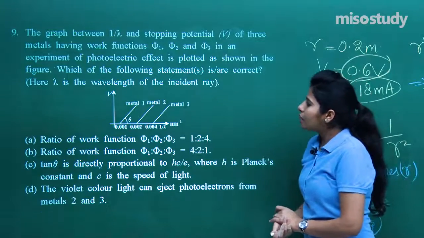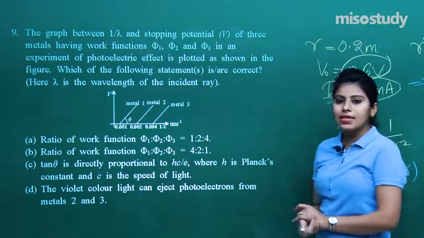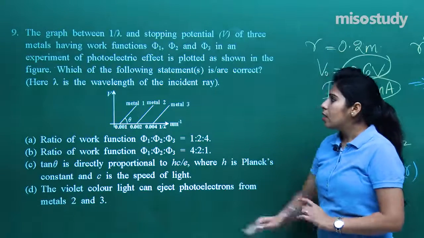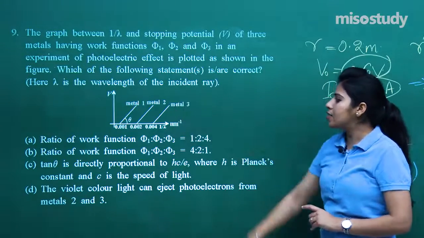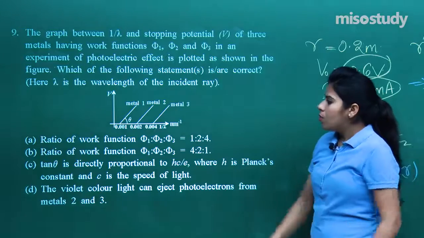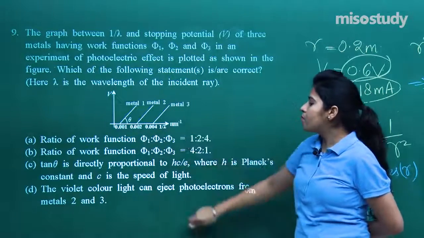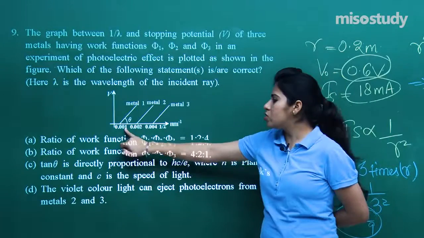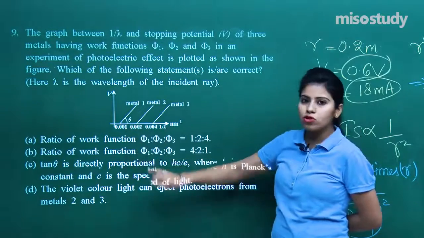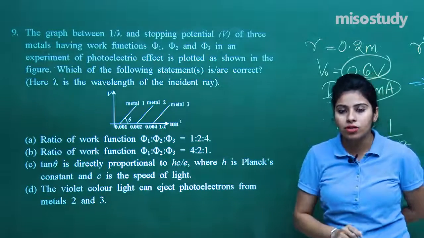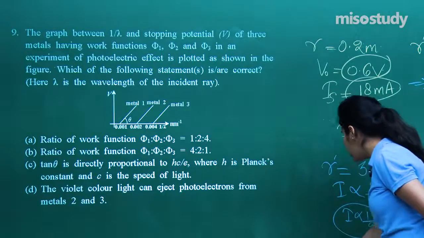They are asking which of the following statements is or are correct, whether 1 correct or 2 correct. Here lambda is the wavelength of the incident ray. We can see 3 metals whose 1 by lambda is 0.001, 0.002, 0.004. We have to find the ratio of work function. Now just begin with the question.